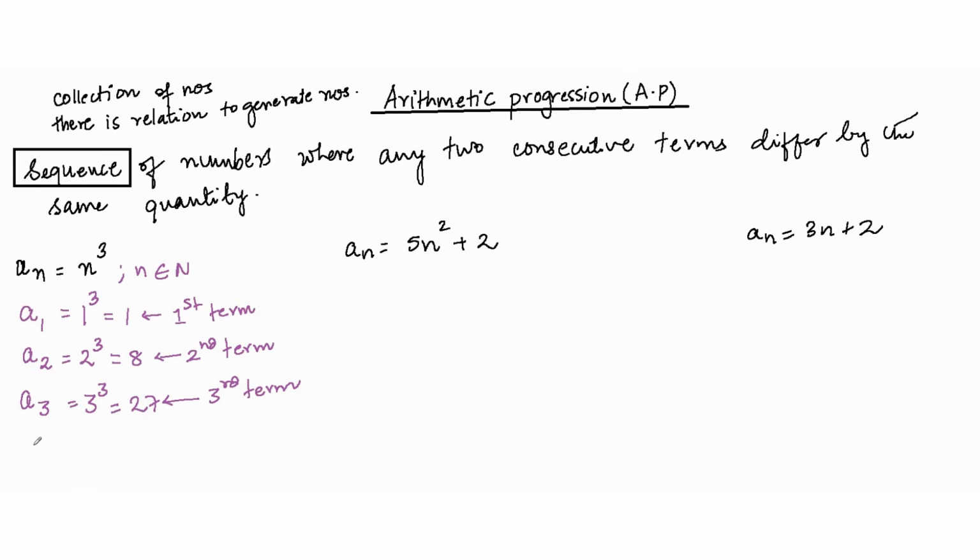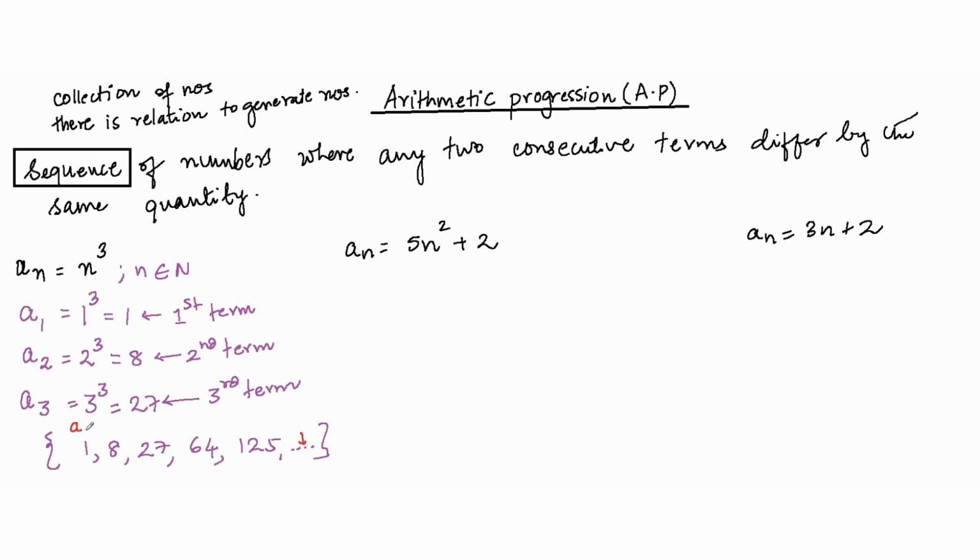So the sequence is basically going to be 1, 8, 27, the next term is going to be 4 cube, which is 64, and then 5 cube is 125 and so on. So this is my sequence. I have represented it with multiple dots towards the end to show that the sequence continues.